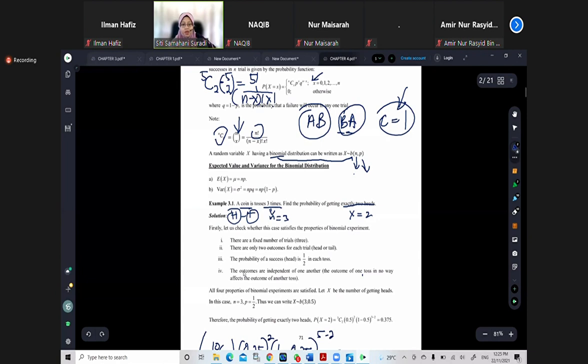And the outcomes, of course, are independent of one another. This one you need to check lah, from the question, whether independent or dependent. And then you get p equals 1/2.